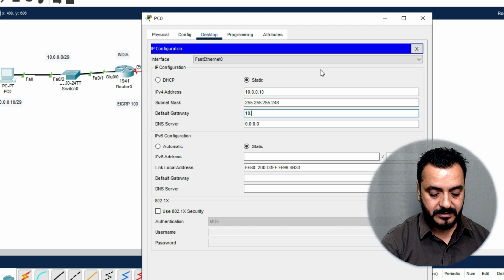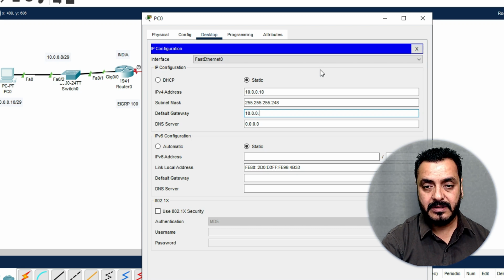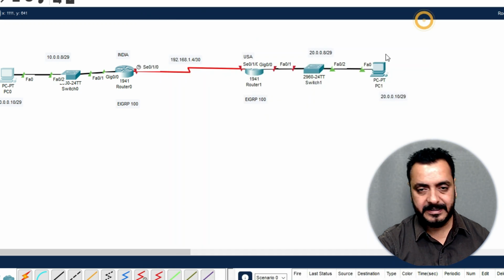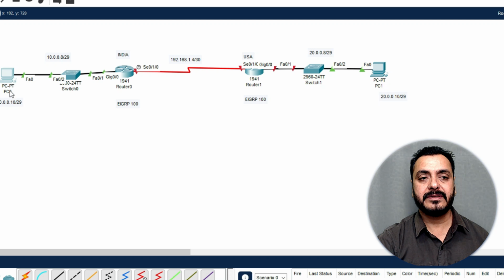Then 10.0.0.9 is the gateway address, that is the IP address of the gateway Ethernet interface of the router.